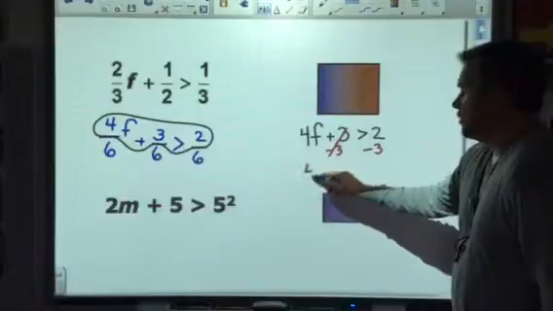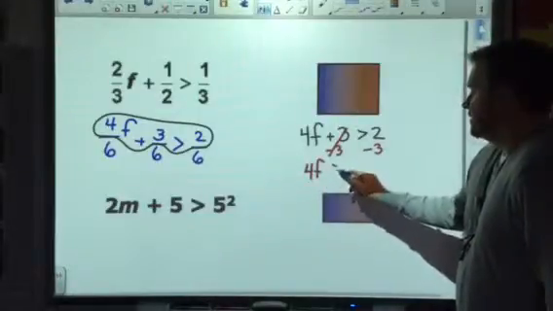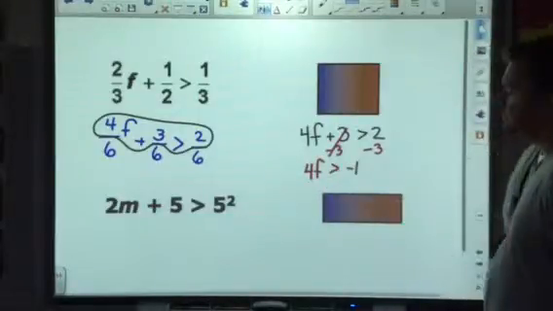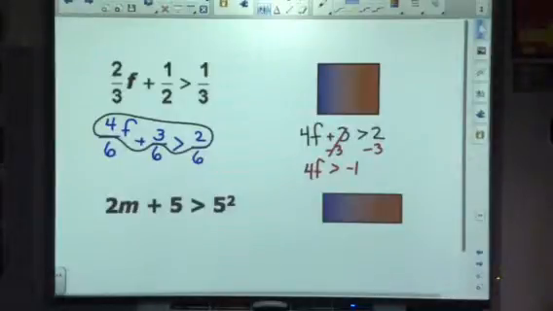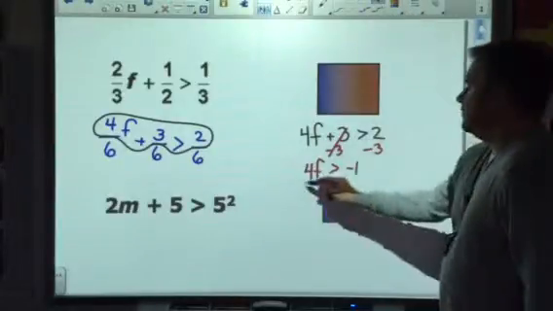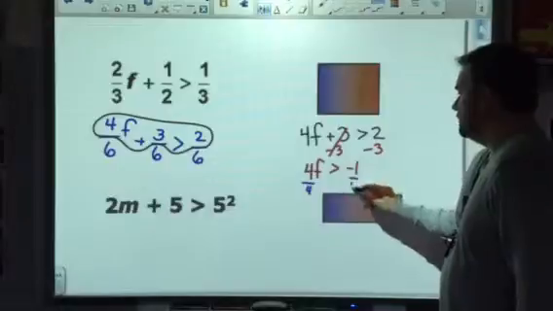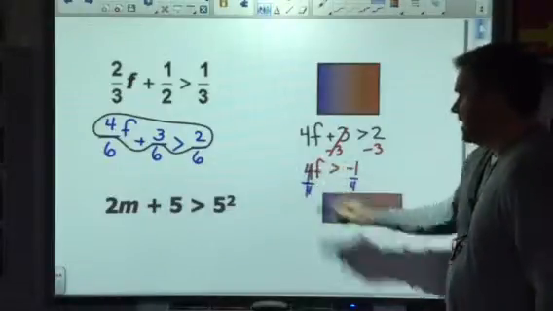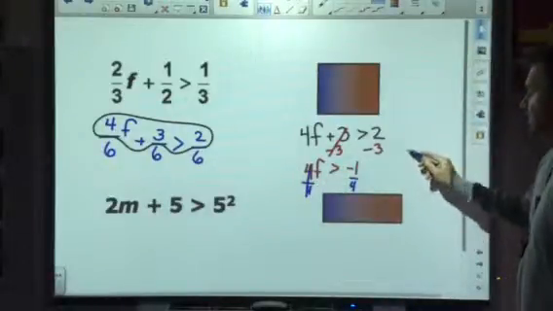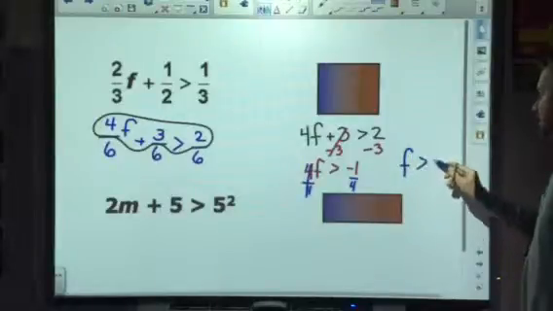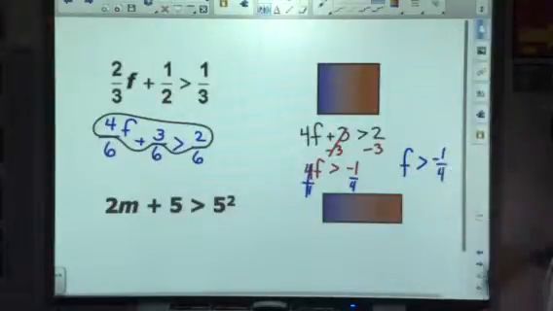We're left with 4f is greater than -1. And then we'll divide both sides by 4. These cancel out, and you can leave this. We have f is greater than -1/4.